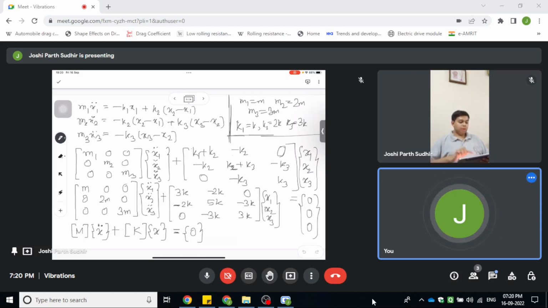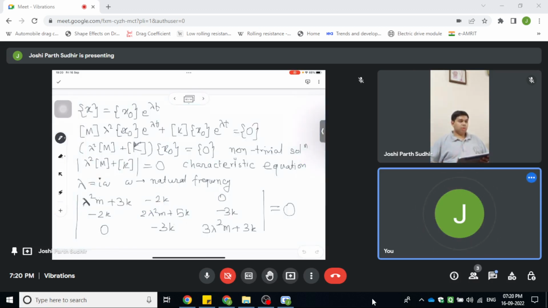And then we saw the approach of how to set up the eigenvalue problem in terms of lambda square. The characteristic equation is the determinant of the matrix lambda square m plus k.